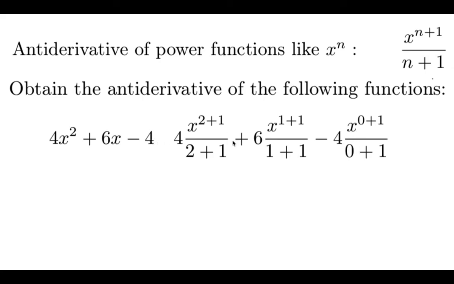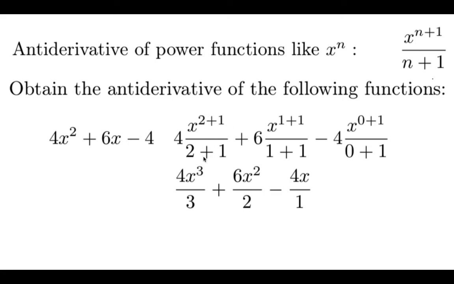And if you have nothing written out here, it means that you have just x to the 0, because x to the 0 is 1. So you would formally have x to the 0 plus 1 over 0 plus 1. But after this, you would just need to remember that when you're trying to get the antiderivative of a number, that just means putting an x next to it.